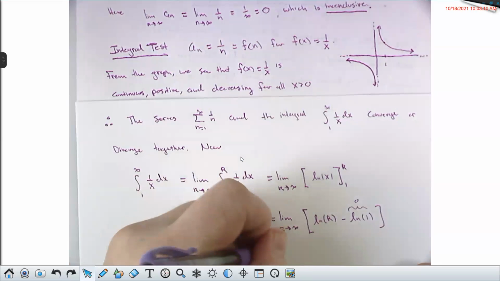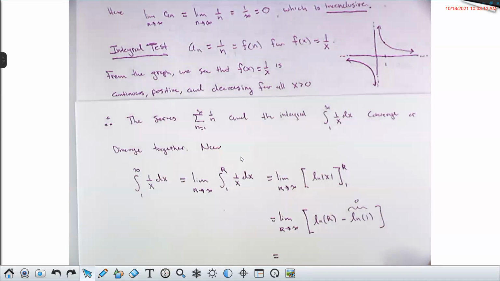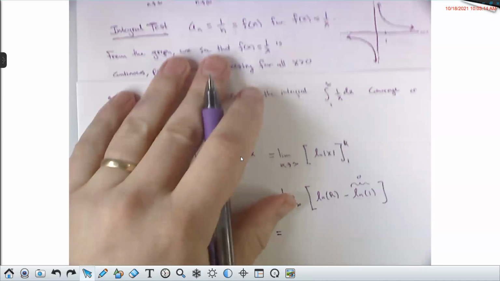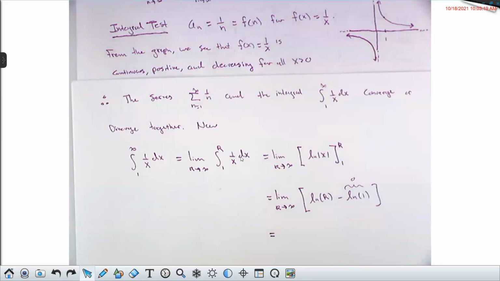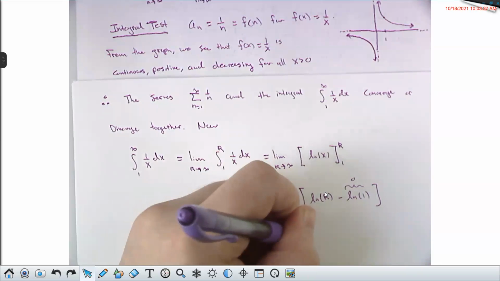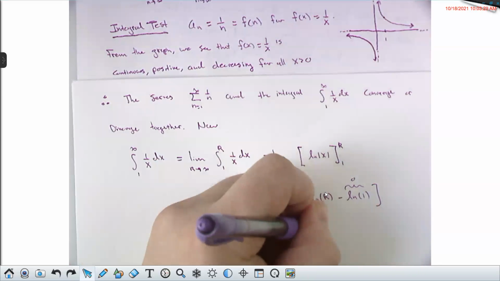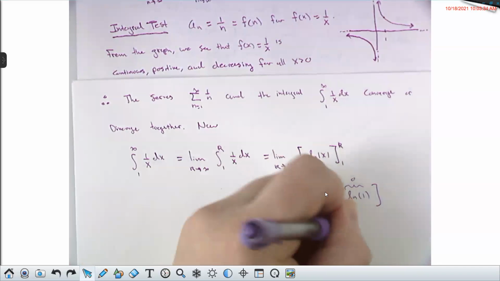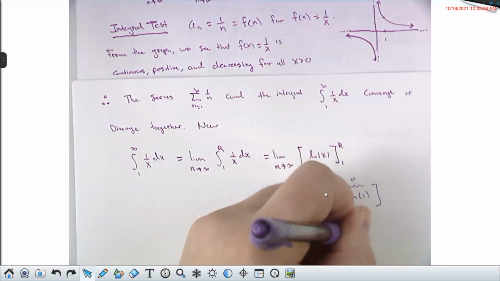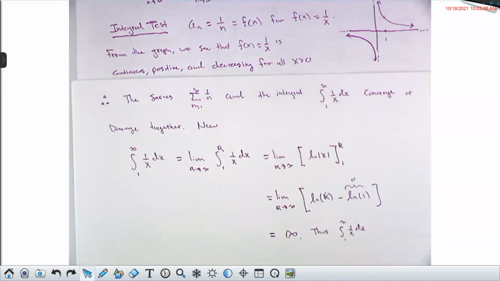What is this limit? We've used this limit several times here. What does the natural log of r do as r goes to infinity? It also goes to infinity. Thus, the integral from 1 to infinity of 1 over x dx, is this a convergent integral or a divergent integral?